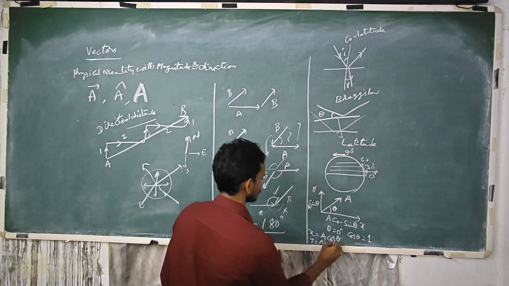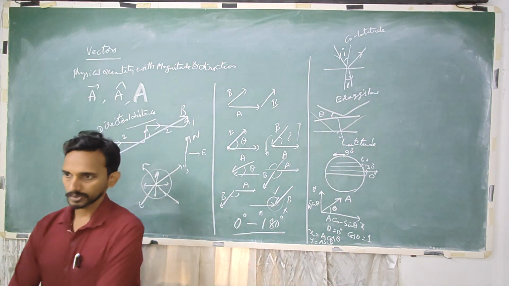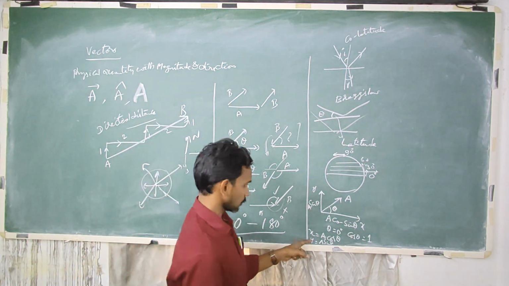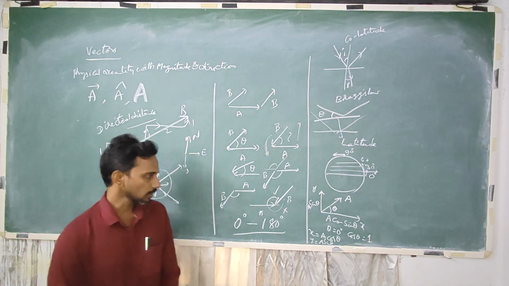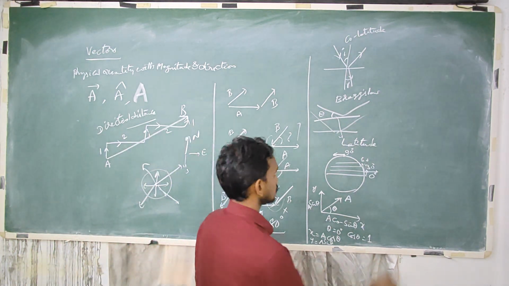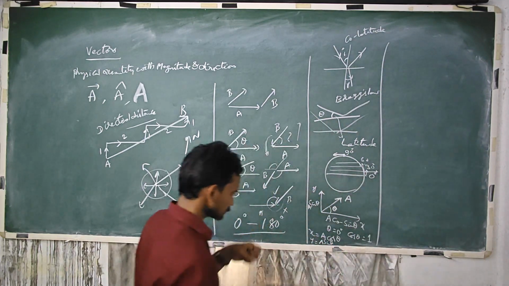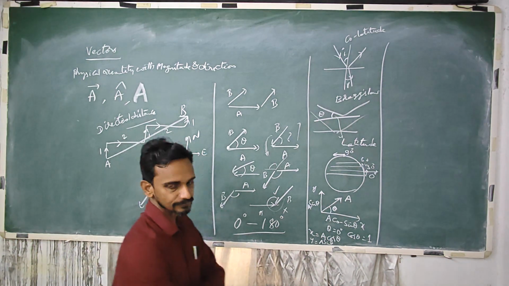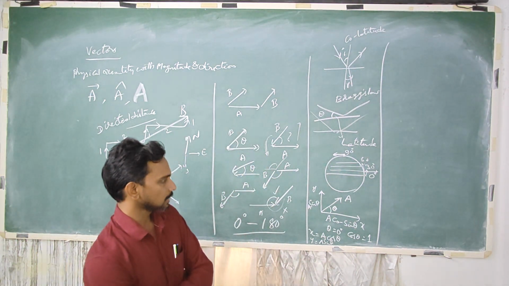So when theta is 90 degrees, this y component gains maximum value. So when theta is 90 degrees, x component becomes 0 and y component becomes maximum. Okay, so that is what we see by the nature of those sine angle and cosine angle. Okay, so they are the components.